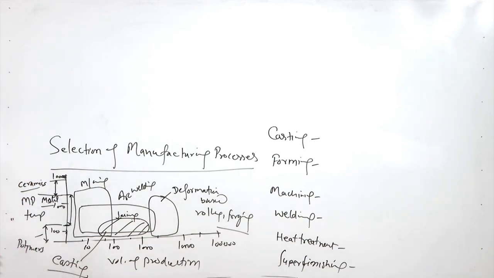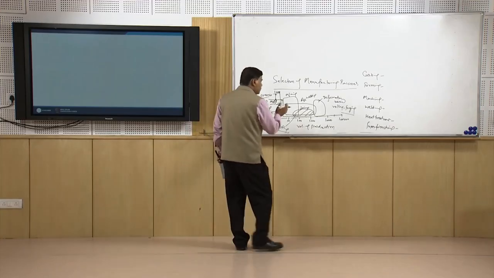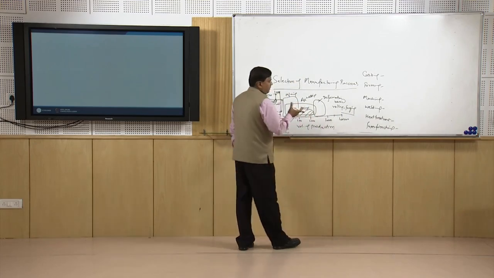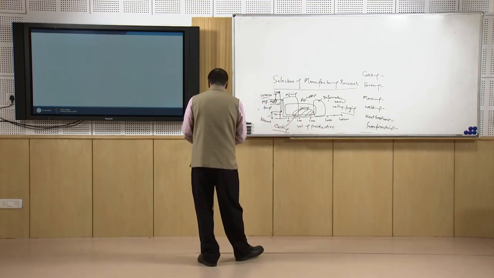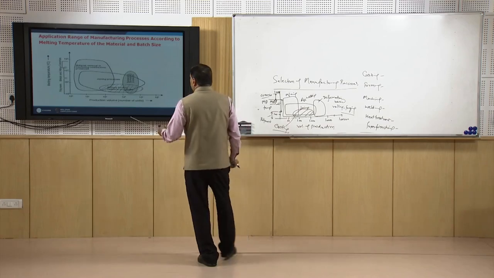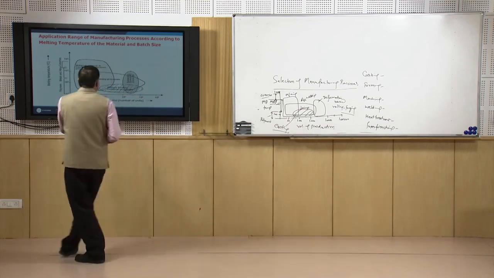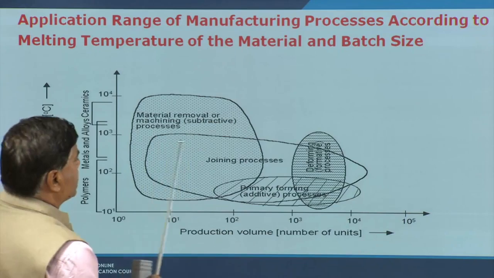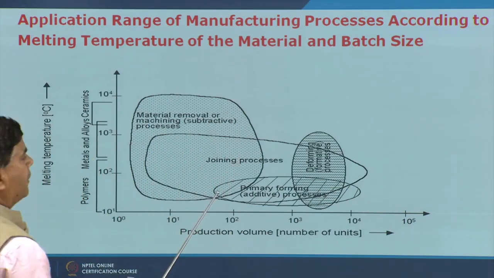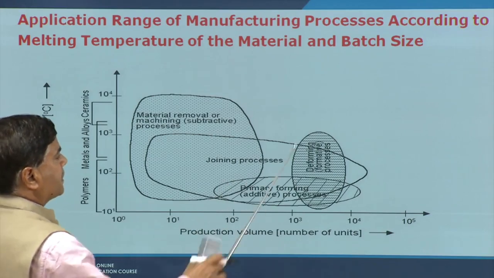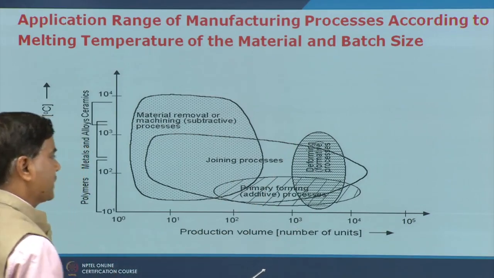Not too high a melting point, not too low, and not very high volumes. So, this is the joining, this is the material removal, this is the primary forming process, and this is the deformation based processes.